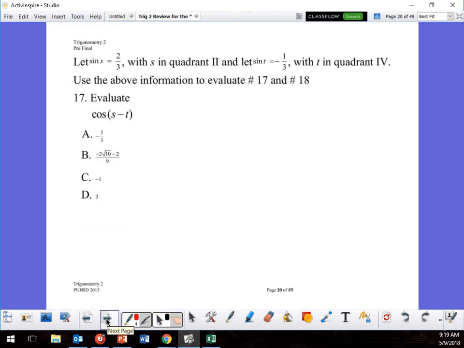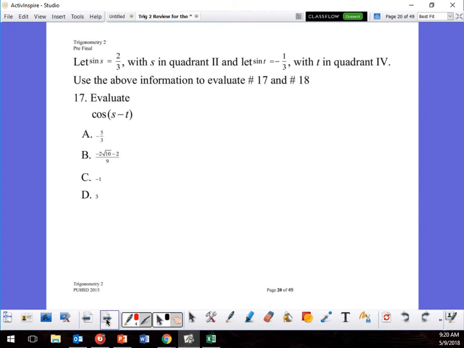All right, let sine s equal 2 over 3. Sine t is negative 1 over 3, with t in quadrant 4. Use the above information to evaluate 17 and 18. So now we're going to have to do a couple things here. First, what does sine represent? Sine is y over r.